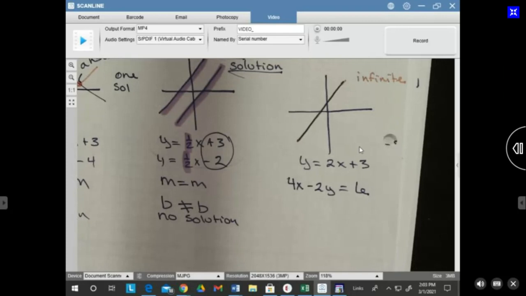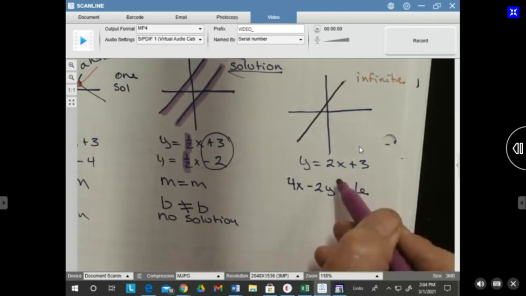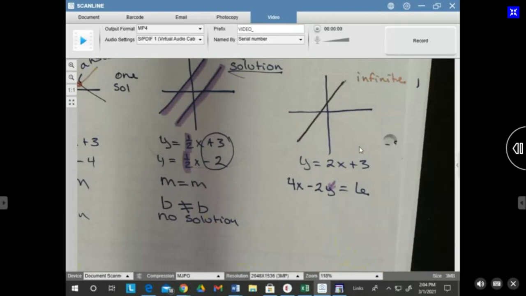What do you got to do before you can graph an equation? You have to solve that. Yeah, get that y all by itself.